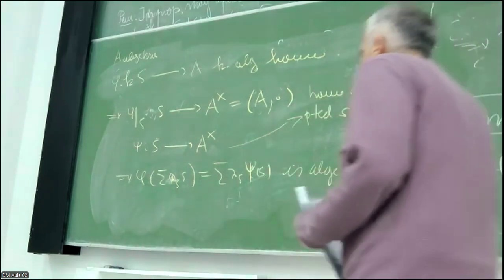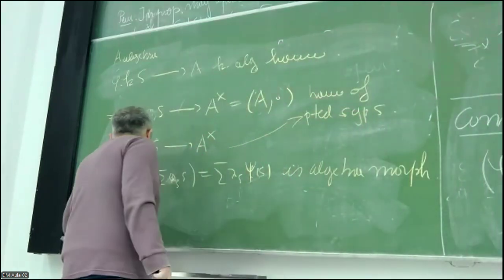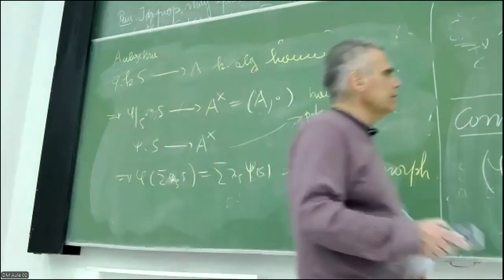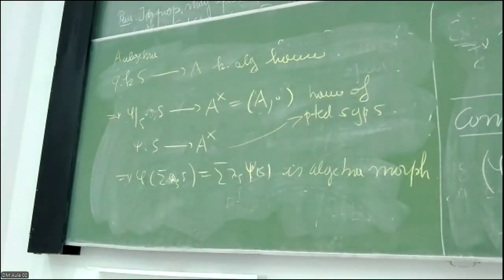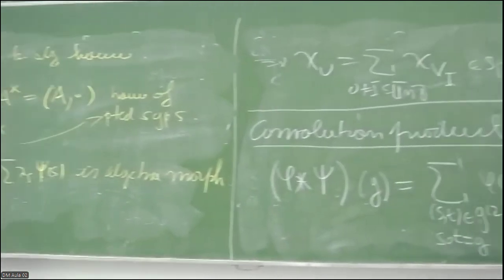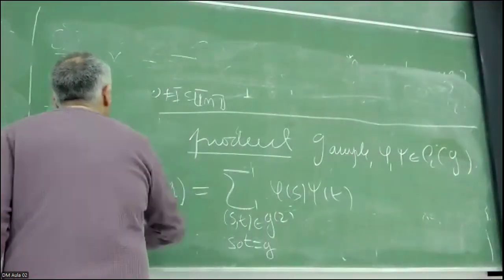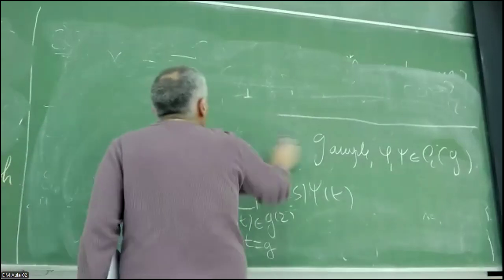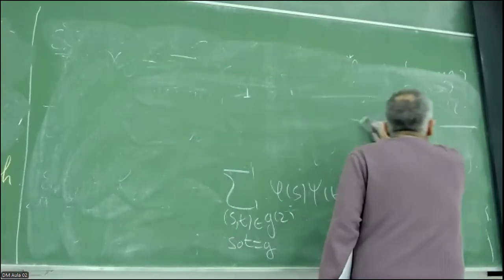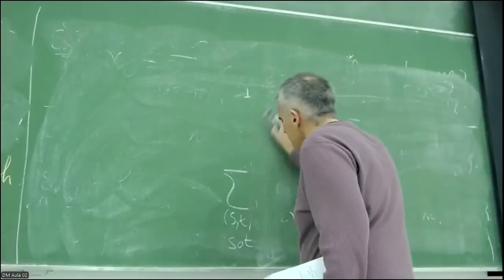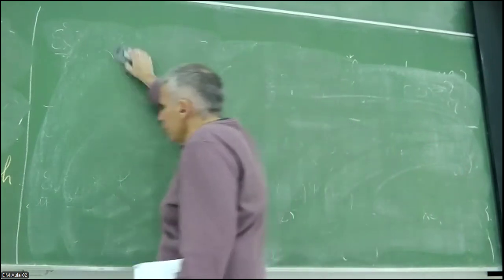Okay, so what relevance does this have? Well, we said before that the compact open bisections of an ample groupoid generate the Steinberg algebra as a K-module.